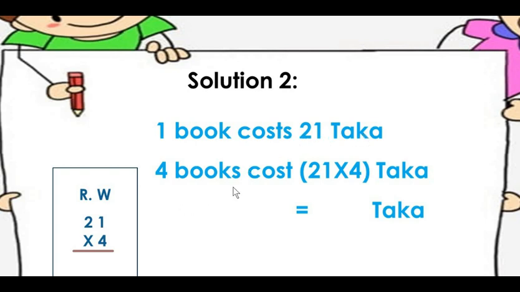So 4 books cost 21 multiplied by 4 Taka is equal to what? Students, look at the calculation. Here it is a 2-digit number, so we have to do the rough work and I have written the rough work here.